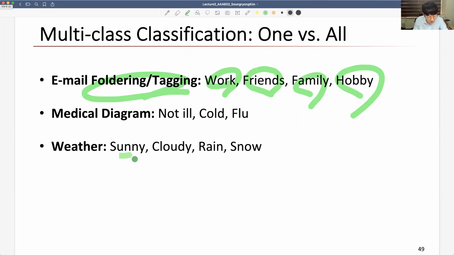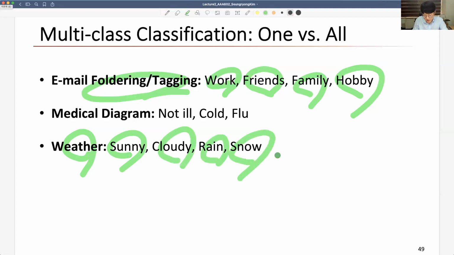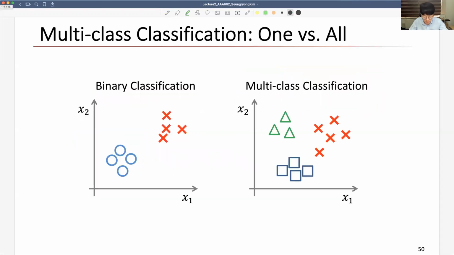In the case of weather, sunny, cloudy, rain, and snow are the possible classes. In this case, we cannot classify these training samples using our previous approaches, so we need another way to solve the multi-class classification problem.